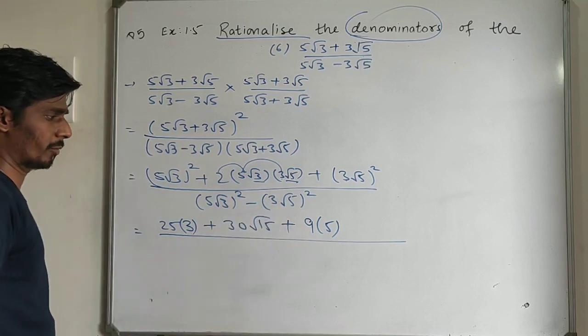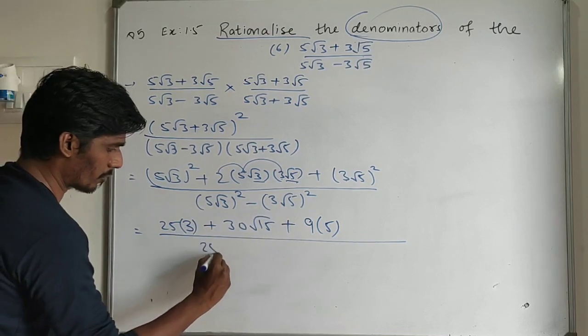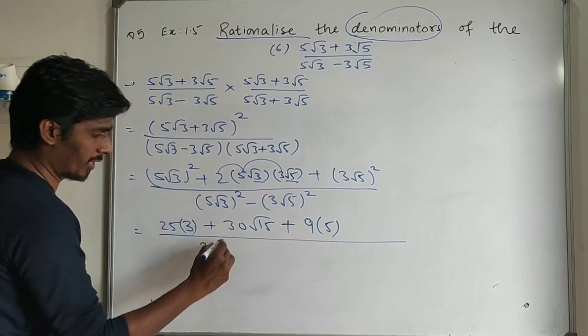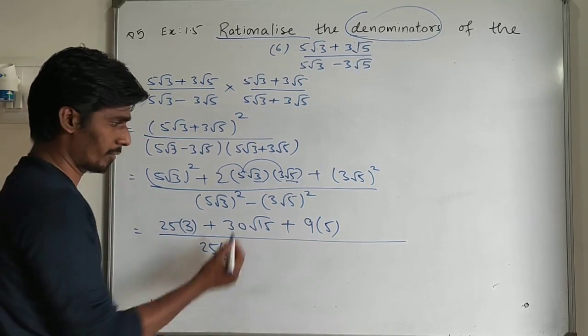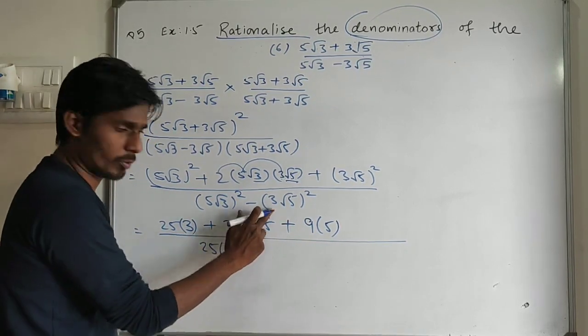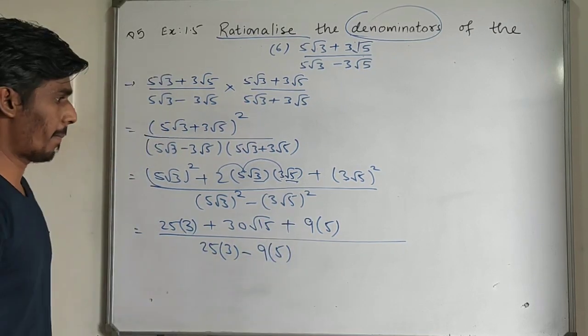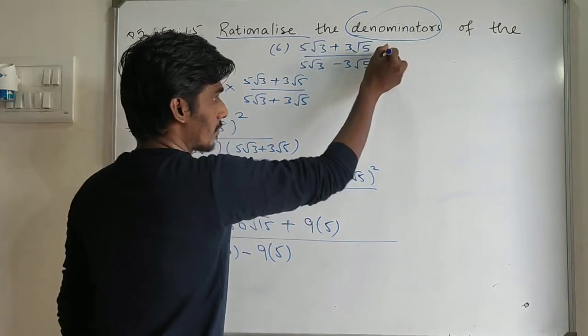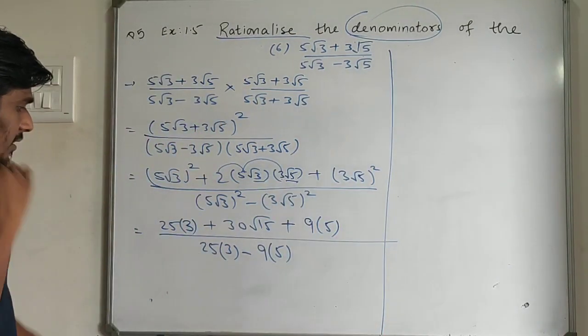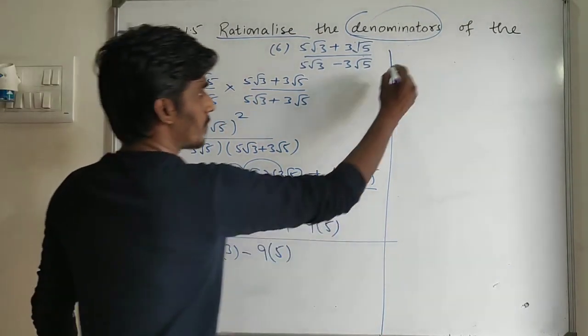Now simplify the denominator. 5 square 25. Root 3 square is 3 itself. Minus 3 square is 9. Root 5 square is what? 5. Now what next? 25 3s are.